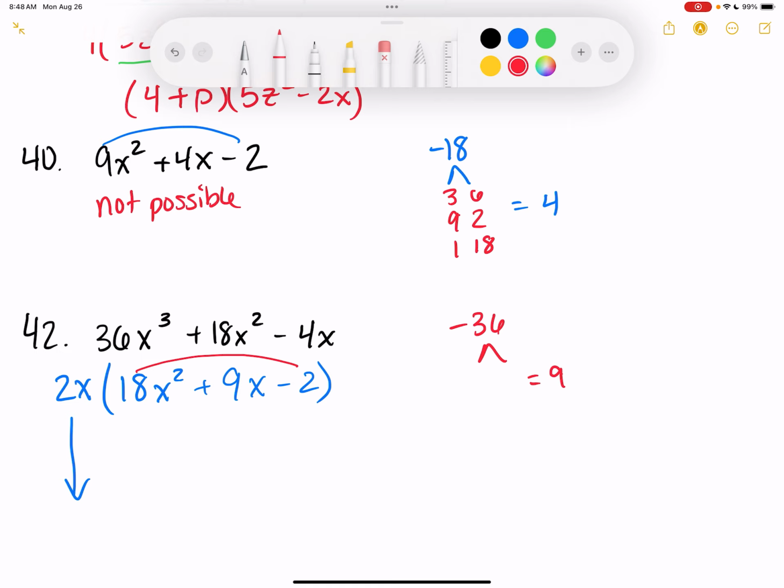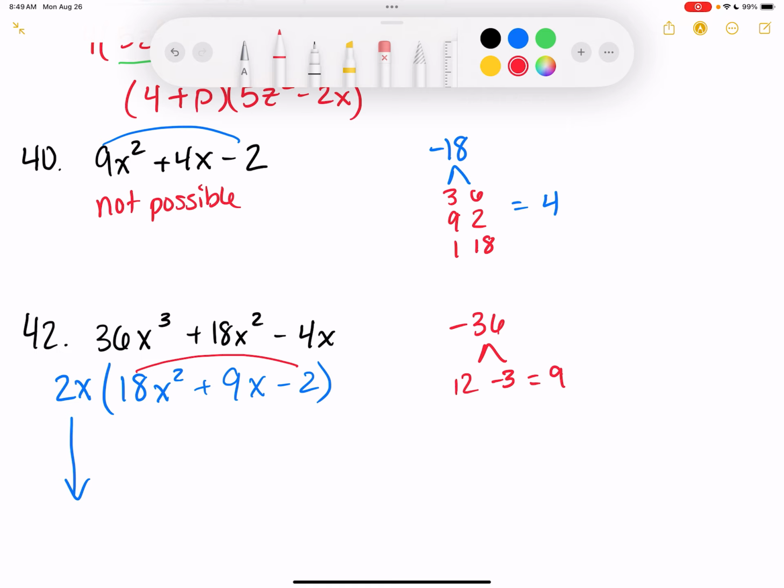Something's not right, because there's not factors that are going to work for that. So, yeah, there we go. Factors of negative 36 that when you add them together give you 9. Negative 12 and 3. So I'm actually going to flip that sign since this number is positive. I want the bigger number to be positive and the smaller number to be negative. So it'll be a positive 12 and a negative 3.